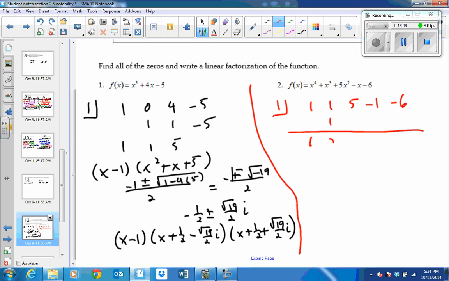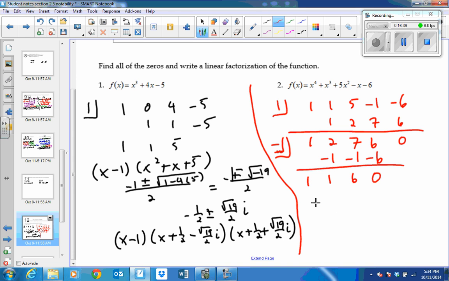So 1, 1, 2, 2, 7, 7, 6, 6, 0. Now I'm just going to go straight into the next one because I know that -1 is also one of our solutions based on our graph, and so I'm going to go straight into this one. So I'm going to bring down 1, that's -1, 1, -1, 6, -6, 0.